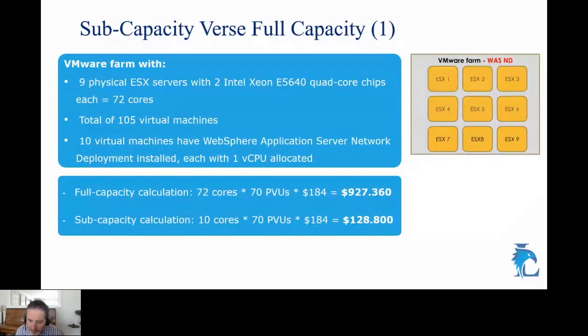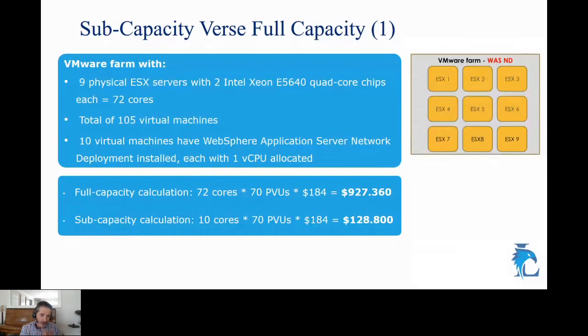I've just been asked there to explain again more briefly the 10 cores for subcapacity rather than the 72 cores. So we have our cluster, and it's got 9 physical servers, 2 Intel Xeon chips, quad core 4 gives us our 72 cores. Now we have deployed WASND on 10.